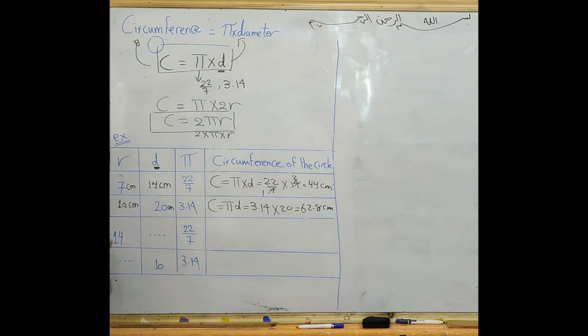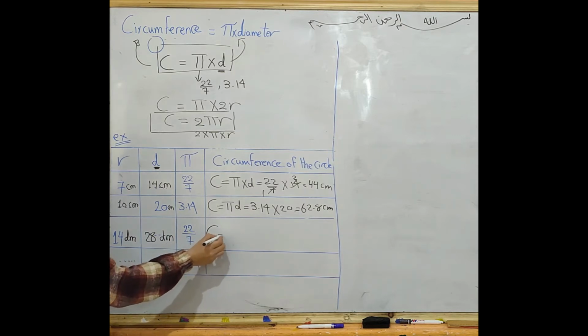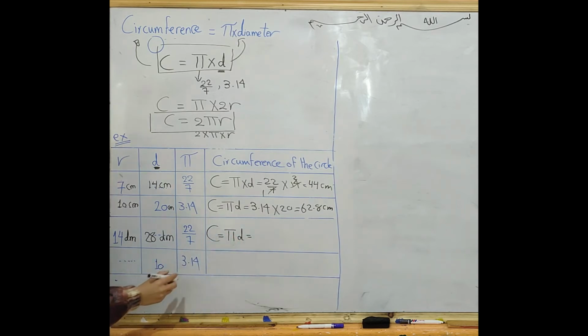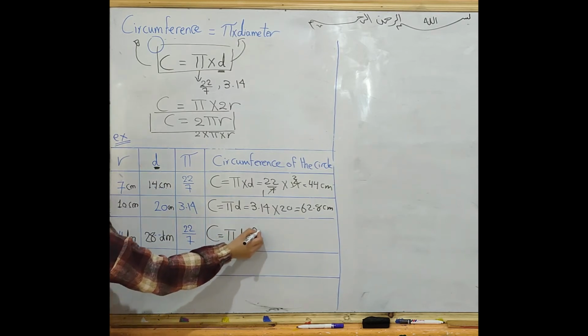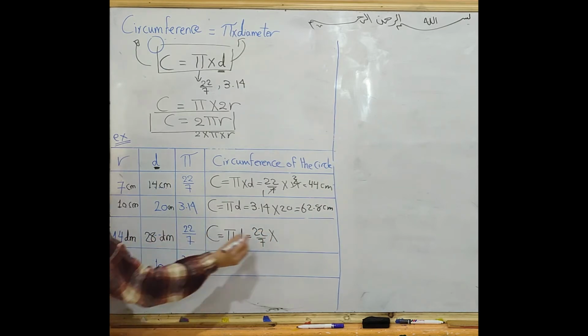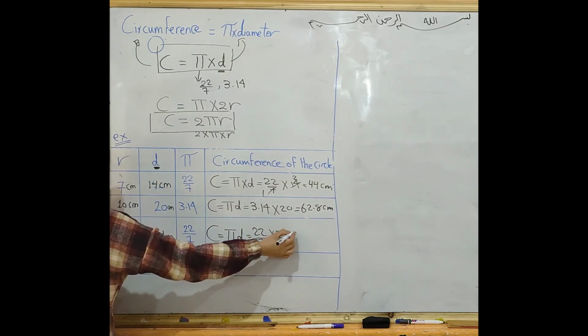Another example, if the radius is 14 decimeter, then the diameter will be 28 decimeter and pi is 22 over 7. Then the circumference equal pi d equal 22 over 7 by the diameter 28 decimeter.